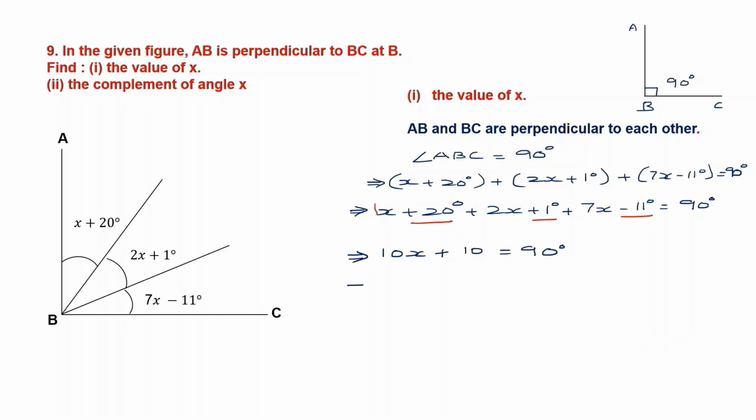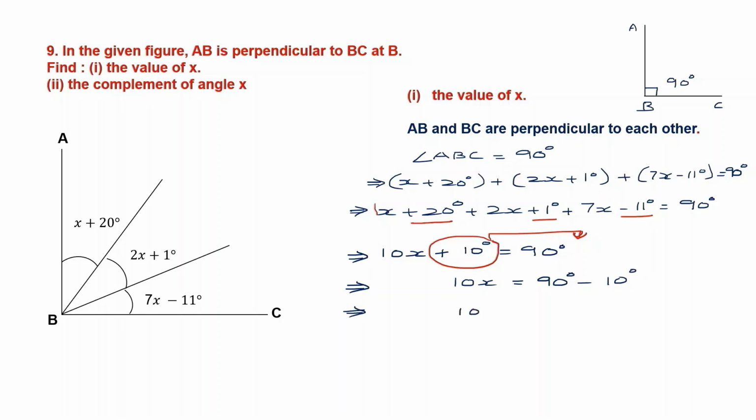Now we can solve this equation. We can find the value of x. Here we have 10x plus 10 degrees equal to 90 degrees. I'm going to transpose this plus 10 degrees to the right hand side. So that becomes minus 10 degrees.